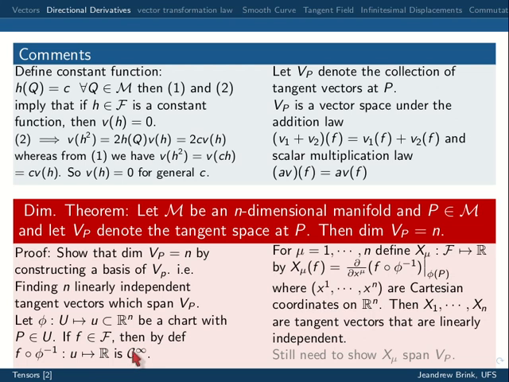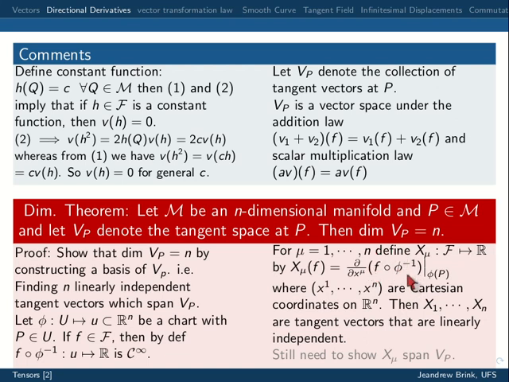But what we basically did is we defined this quantity x of mu, where we used the fact that we had a chart from the point P to the reals, okay? And then the function that took that point P to the real line from the reals was this f circle phi inverse, okay?